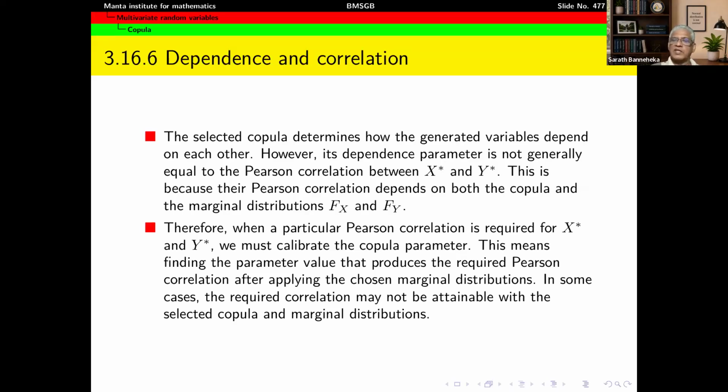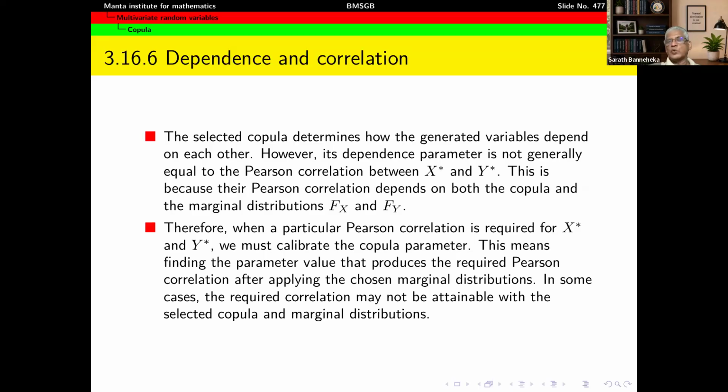Right? So we'll have to somehow find out the relationship between r and rho, and then accordingly, we have to calibrate the value rho and give that calibrated value as the rho to get the required correlation between X star and Y star. Therefore, when a particular Pearson correlation coefficient is required for X star and Y star, we must calibrate the copula parameter, right?